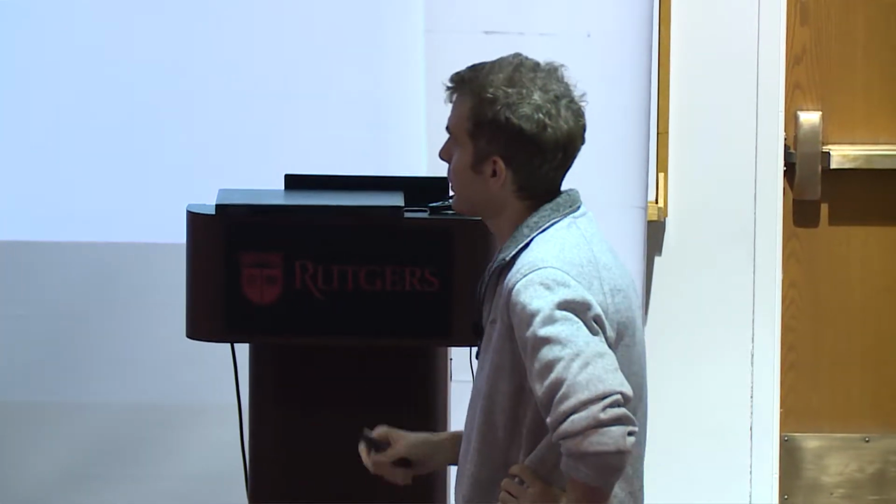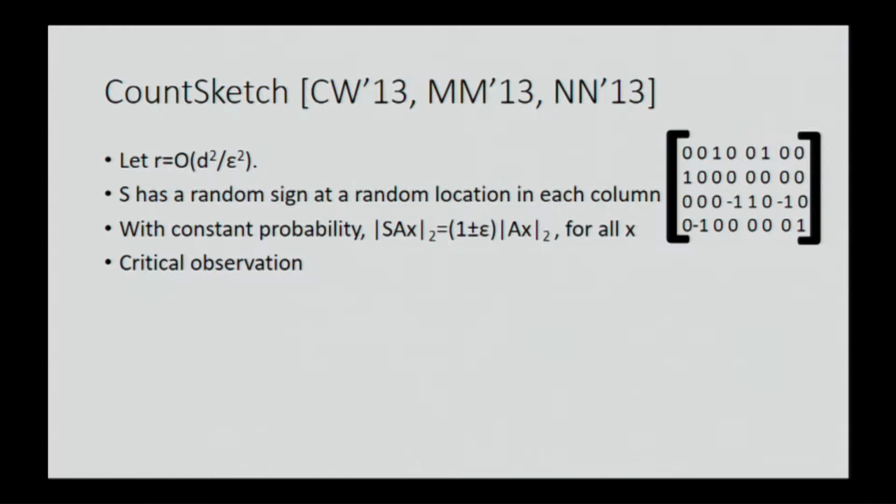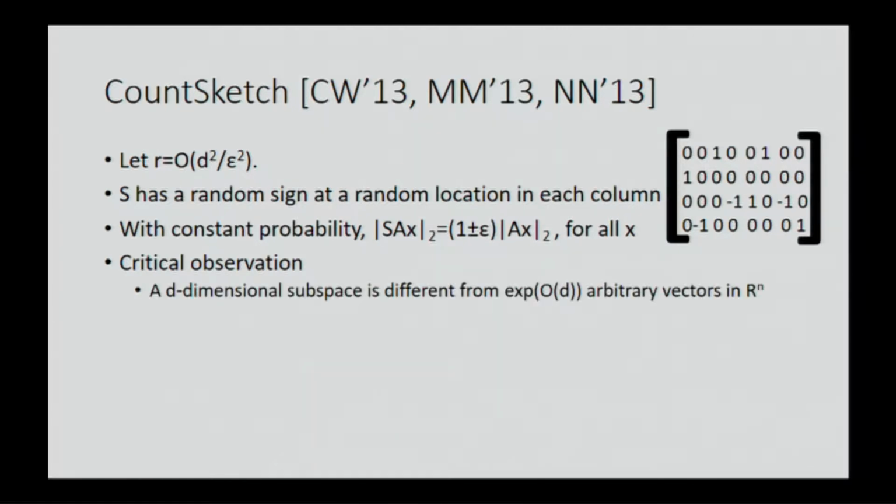And the proof that it's correct uses a critical observation, so that the Johnson-Lindenstrauss and net argument that we use for Gaussian matrices does not actually hold for CountSketch matrices. CountSketch matrices don't preserve the length of an exponential number of vectors with good probability, but the observation here is that the net that you put on this d-dimensional subspace, even though it has exponential size, the net vectors all live in a low-dimensional subspace, and this allows you to have a different kind of argument that it gives a subspace embedding.